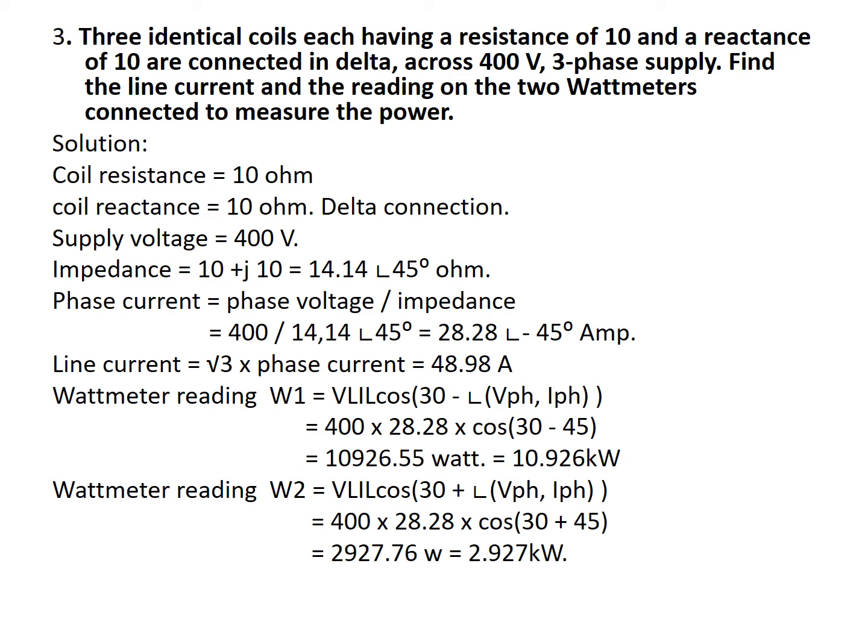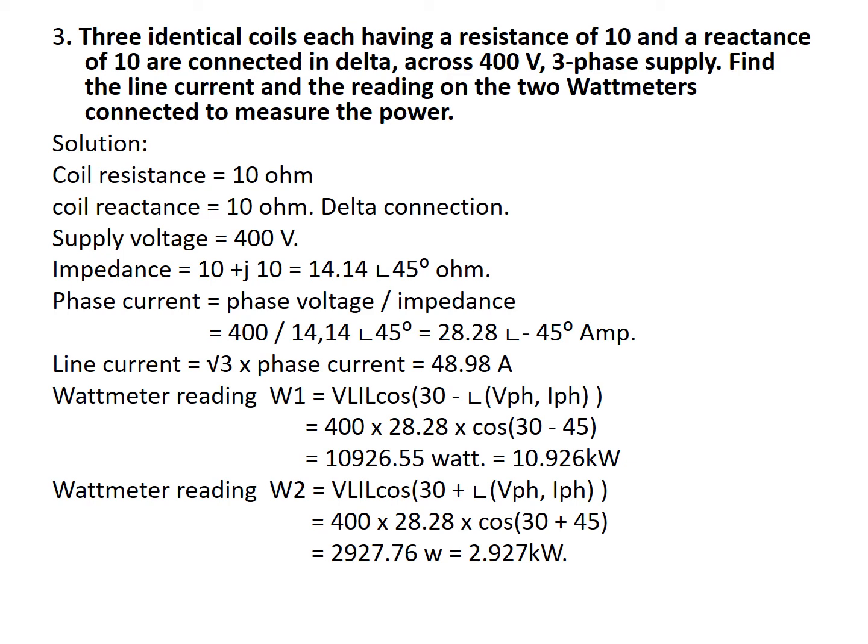So you need to calculate W1 and W2 and the line current. The coil resistance is 10 ohm and coil reactance is 10 ohm. For impedance, a coil always consists of resistor and inductor in series, so R plus JXL. Impedance is 10 plus J10, which is 14.14 with an angle of 45 degrees.